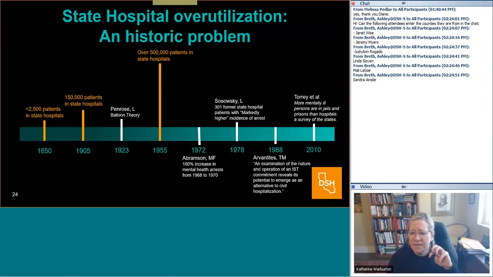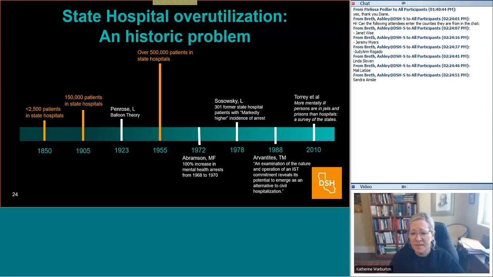By 1972, psychiatrists were starting to sound the alarm in the literature. There's psychiatrist Dr. Abramson, who actually practiced here in California, started working after the closure of state hospitals, started working in a jail, and noticed that many of his patients from the state hospital were winding up in his jail.